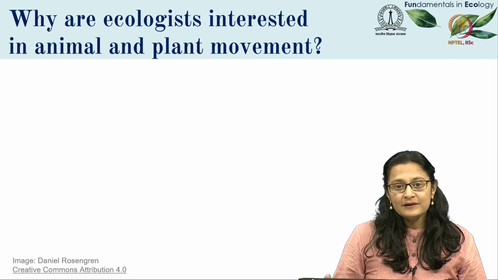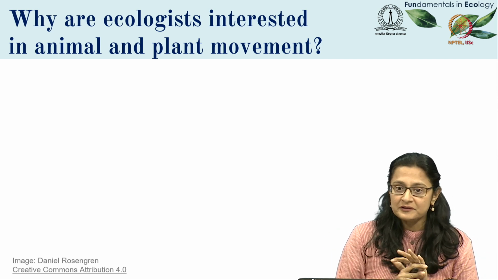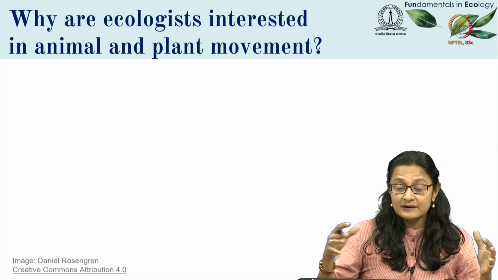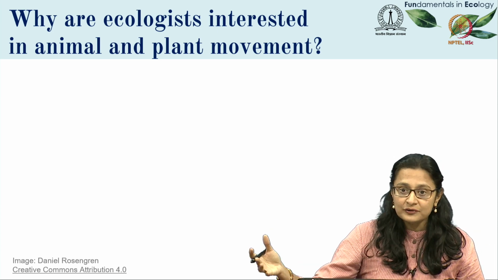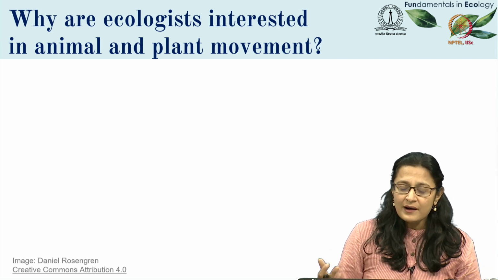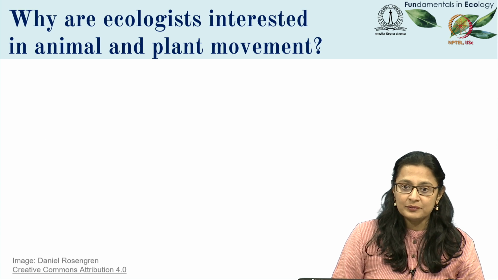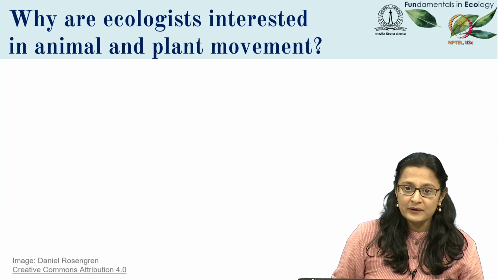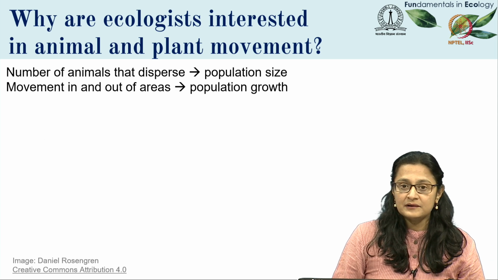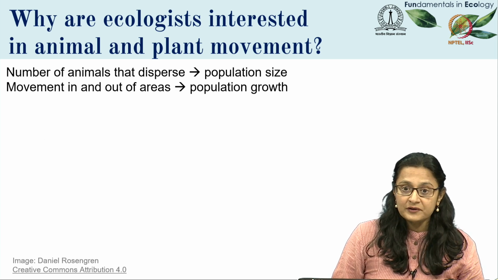So now that I've given you some examples of movement across various scales, movement within a home range, movement that is dispersal, that's unidirectional, migration that goes back and forth, why are ecologists interested in animal and plant movement? It's an important question. So if we think about the number of animals that disperse, that influences population size.